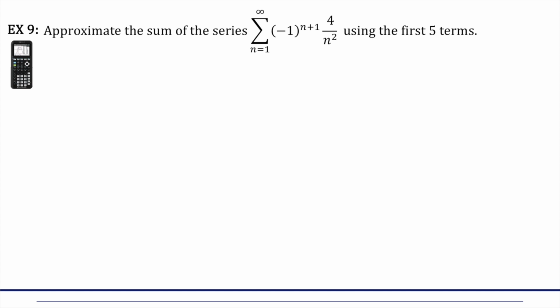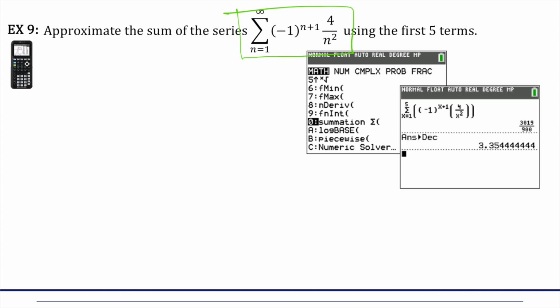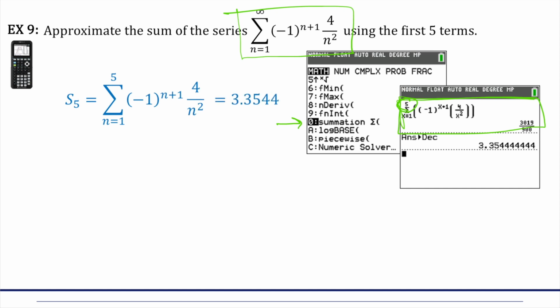Example 9. Approximate the sum of the series using the first 5 terms. Okay, so here's our series, and we can use the calculator for this using our summation. So go to Math 0 on the TI-84 and just plug in the problem for the 5th partial sum. And we get 3.3544444. Okay. Now, that's only an approximation. But what might the actual sum of the series be?